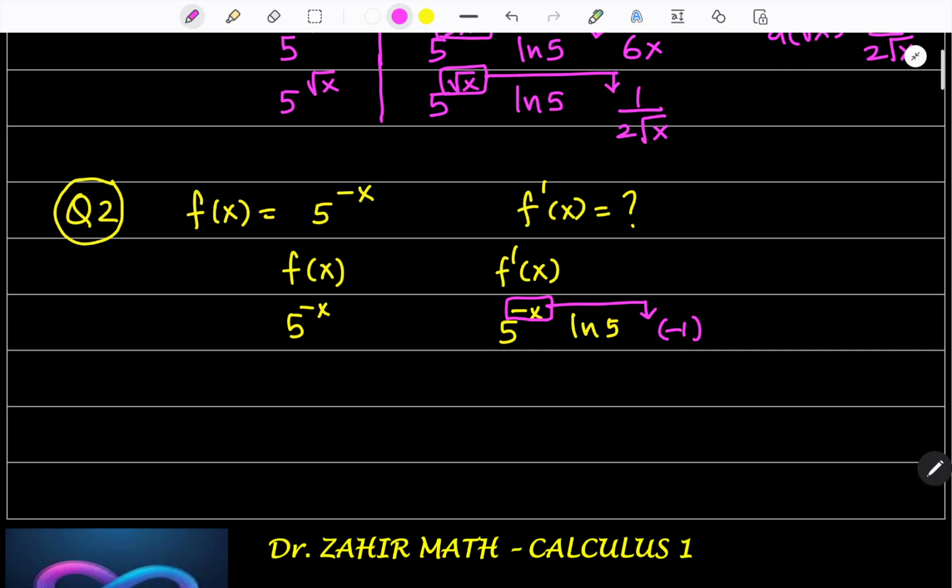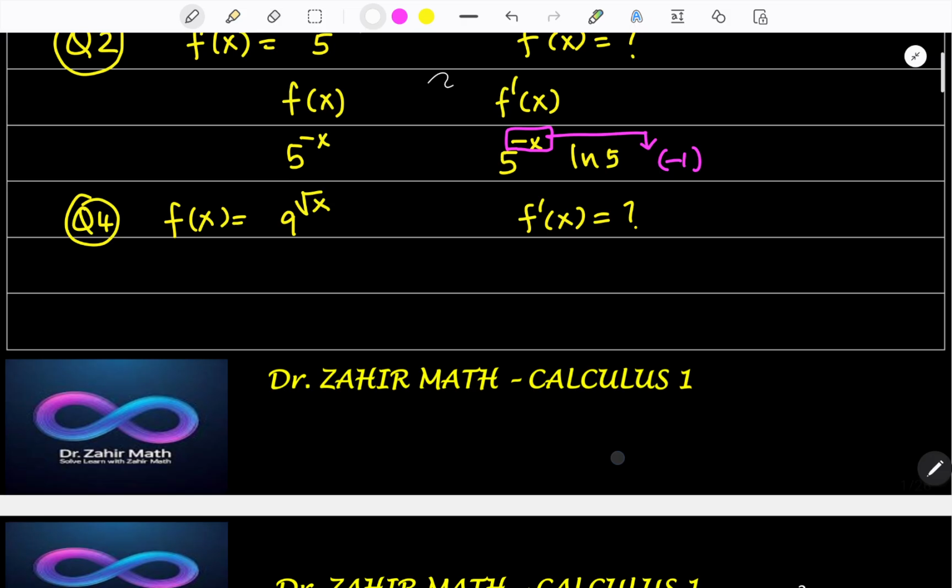Let's go to the next question, which is question number 4. f of x is equal to 9 to the power of square root of x, and they are asking for the derivative f dash of x.